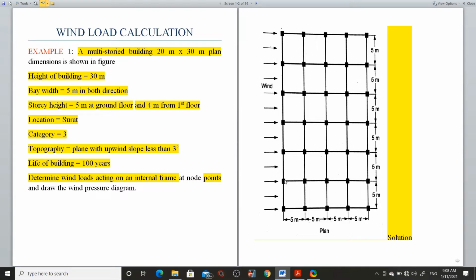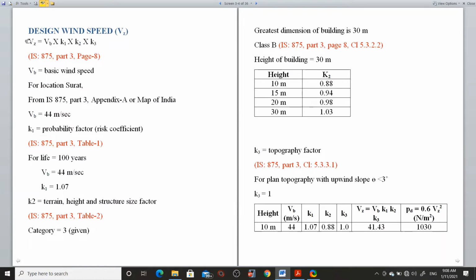Okay, so let's start. First is the design wind speed. First we have to find out design wind speed. Design wind speed is Vz, and the Vz equation is Vb into K1 into K2 into K3.